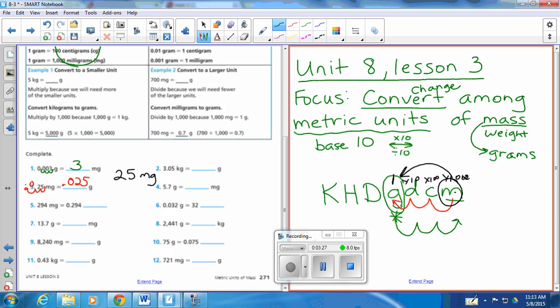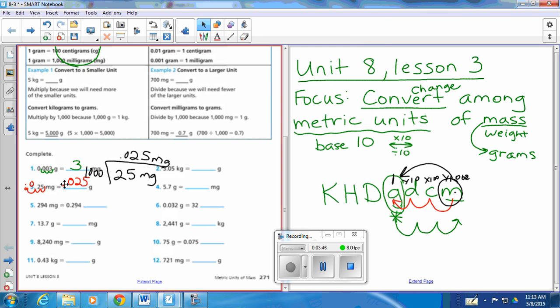So how many milligrams are in a gram? 1,000. Okay. Now, are we going from smaller to larger or larger to smaller? Larger to smaller. So we're dividing by 1,000, which is going to leave us with that. Okay, so just make sure you're understanding that mathematical part of it too.